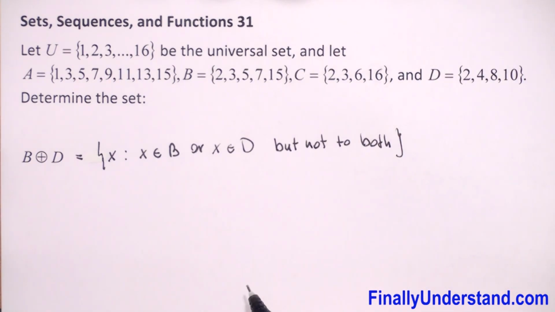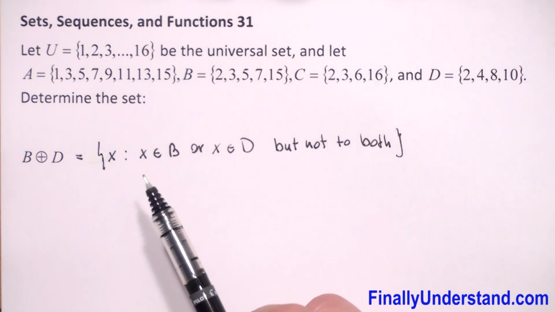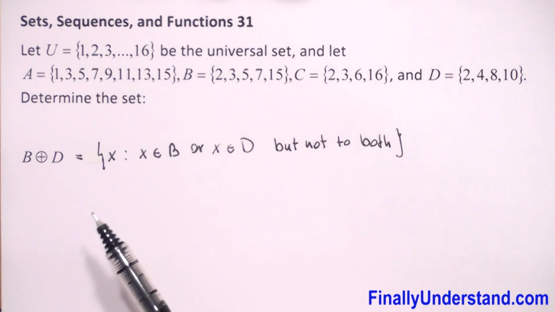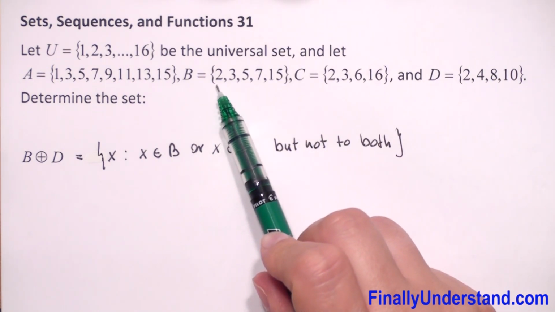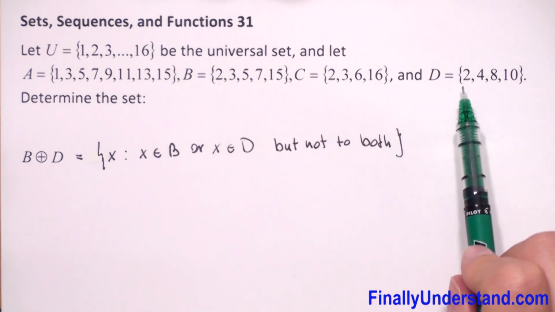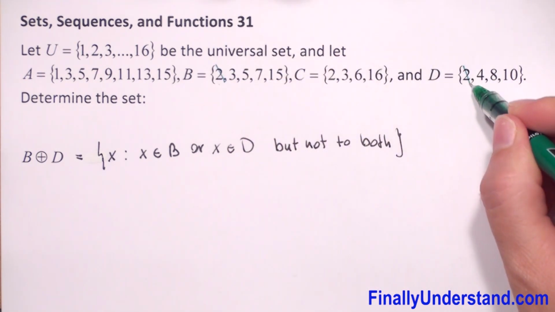So in other words, we cannot put in the symmetric difference those elements which repeat in set B and in set D. So let's check first this. In set B we have 2 and in set D we have 2. So 2 we cannot put.